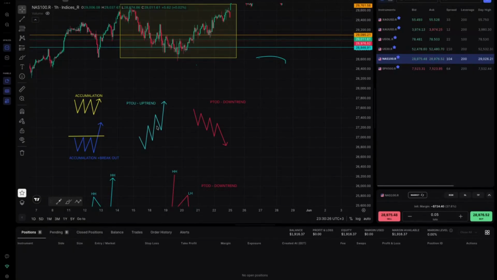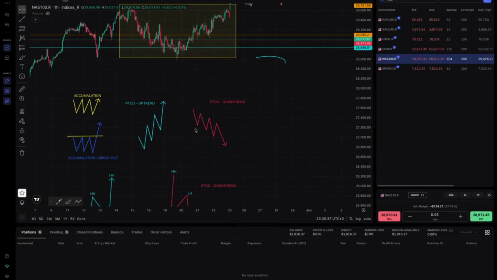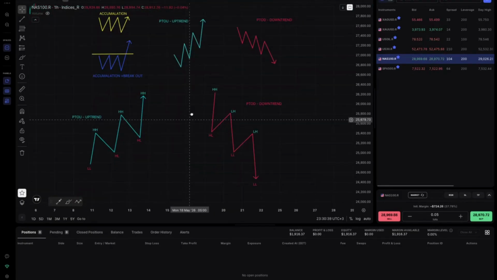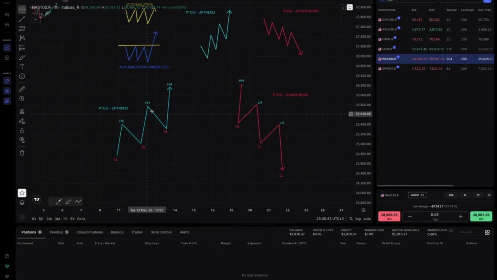And then it makes another high, and that high is still higher than the last high, and it makes another higher high. This is what you call an uptrend. And this is the up chain of this, which is basically the top component of this trend. So price makes a higher high.